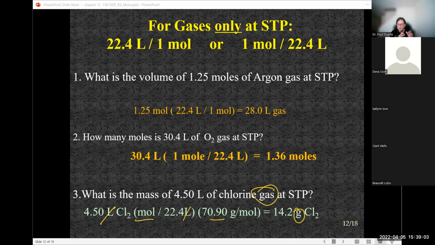Anytime they describe oxygen gas, hydrogen gas, those 7 diatomic molecules, you have to be aware of the ones that are gases, that they're diatomic. Therefore, the molar mass will be 35.45 times 2, or 70.9 grams per mole, for the molar mass of chlorine gas because it's diatomic.